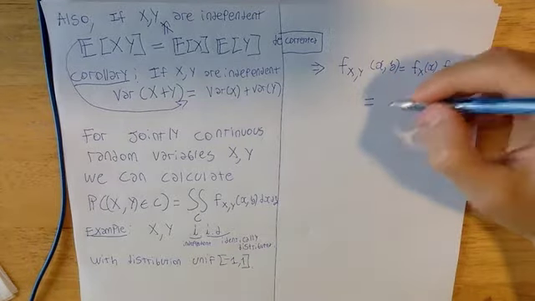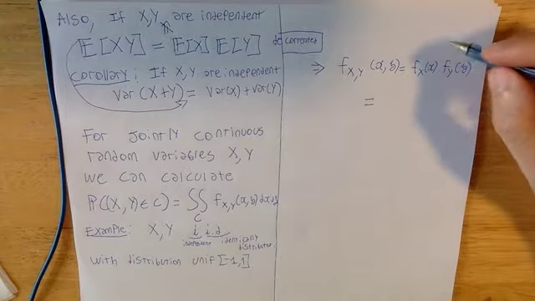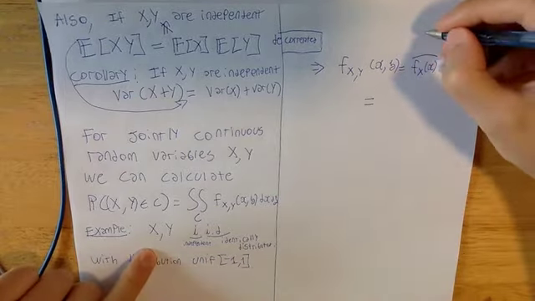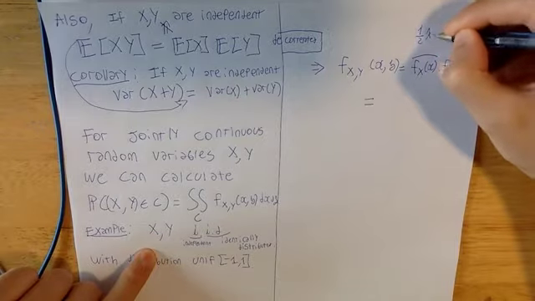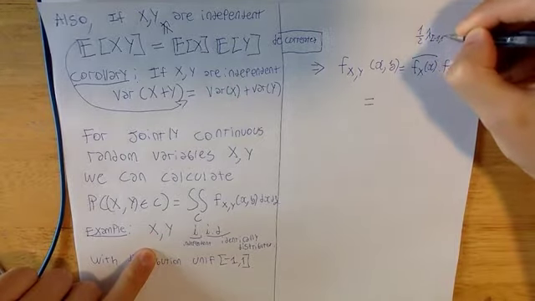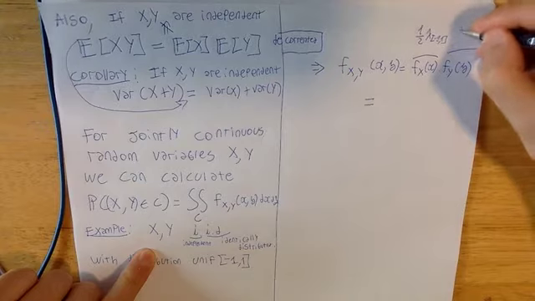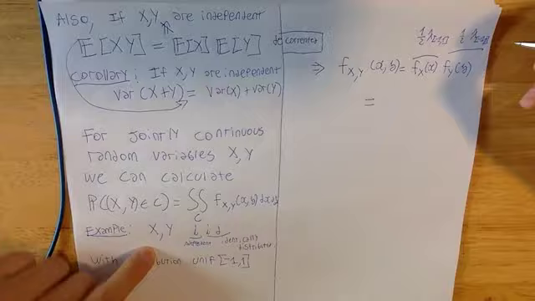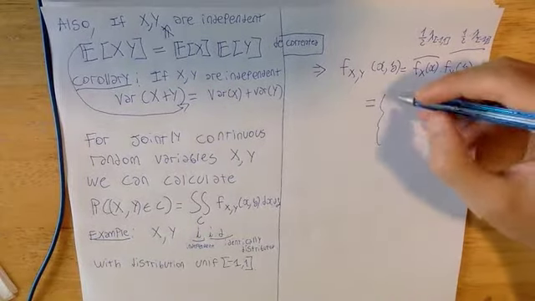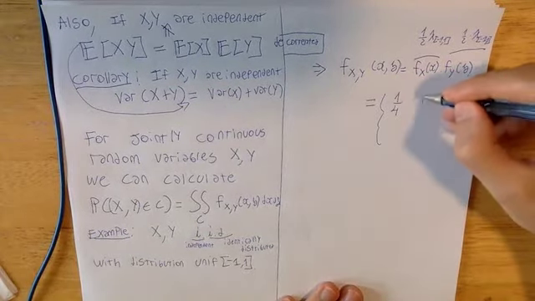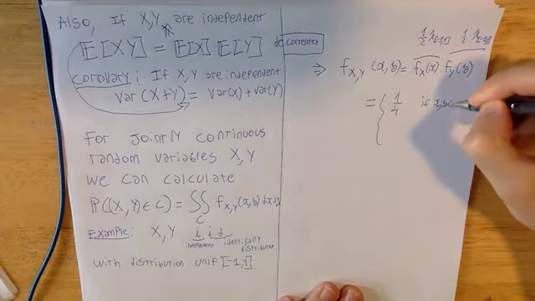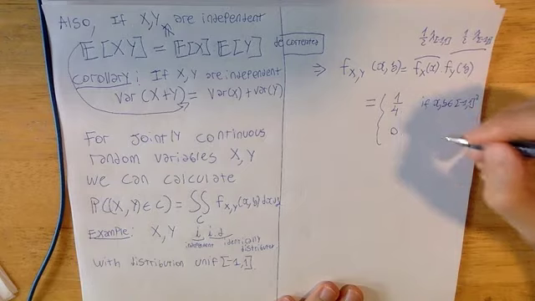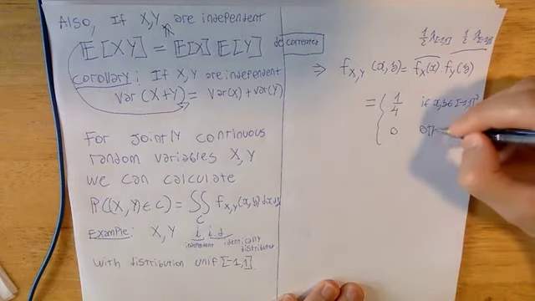The density function for x is 1/2 times the indicator of -1, 1, and the same for y, which just means that this is equal to 1/4 if x comma y is in -1, 1 squared and 0 otherwise.